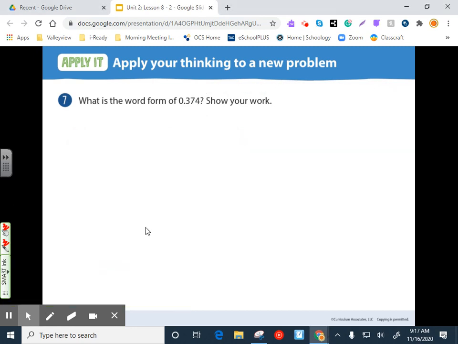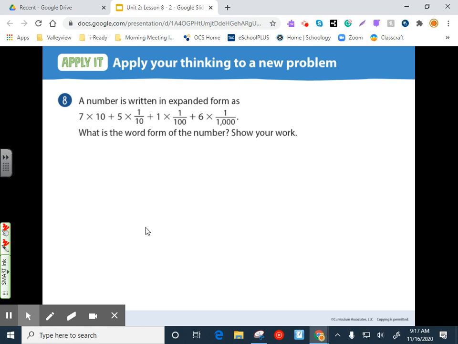Let's look at 8. A number is written in expanded form as this. I'm not going to say that out loud. What is the word form of the number? Show your work. I'm going to encourage us to do this. So if you're in class, I'd have you draw this and then make 4 lines.